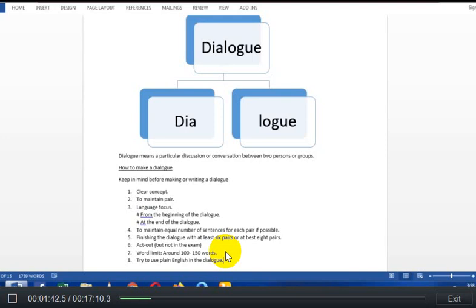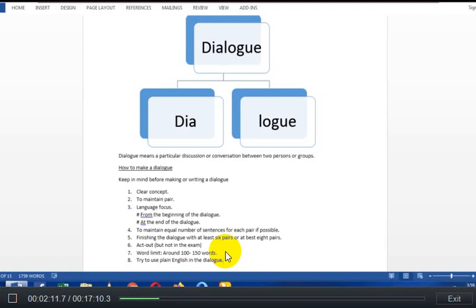Whenever we make a dialogue, we must have a clear concept. Number 2, to maintain pair. Pair means both sides. Number 3, language focus. We must focus on the language whenever we write down a dialogue.